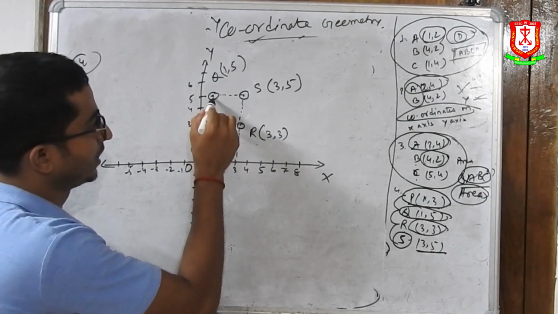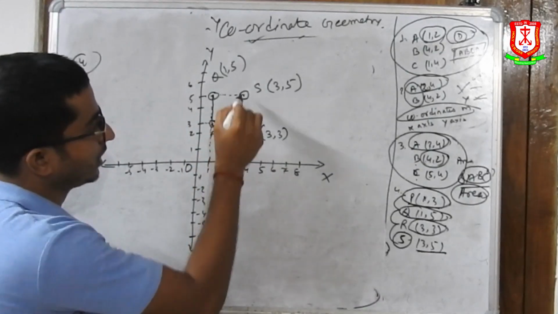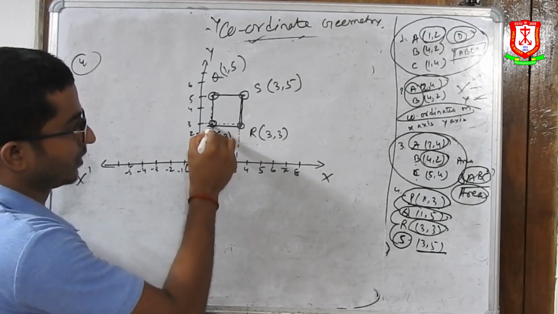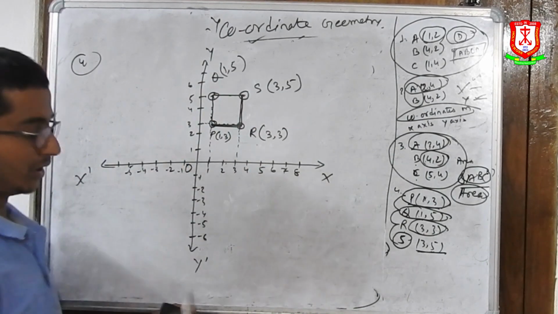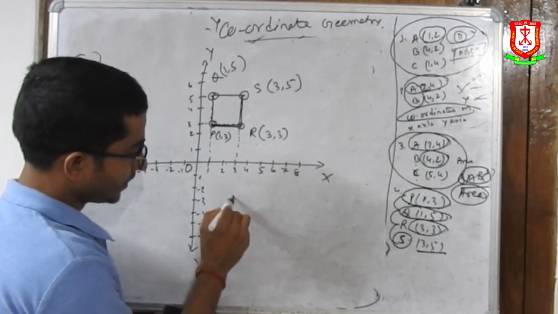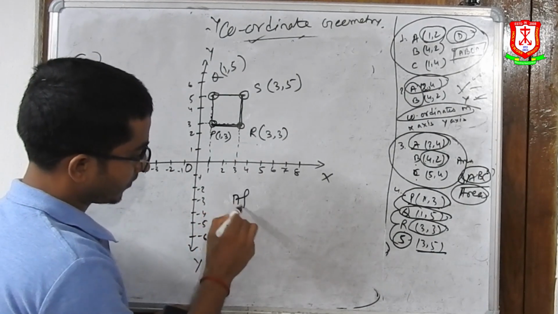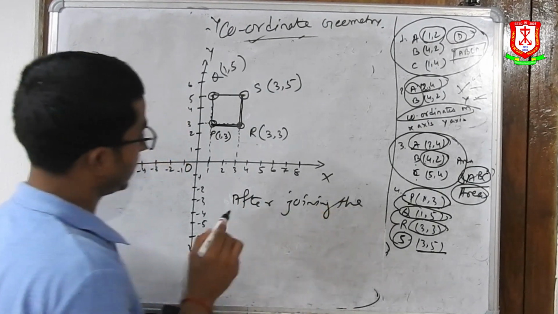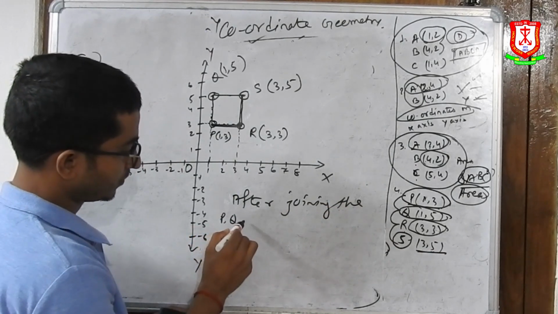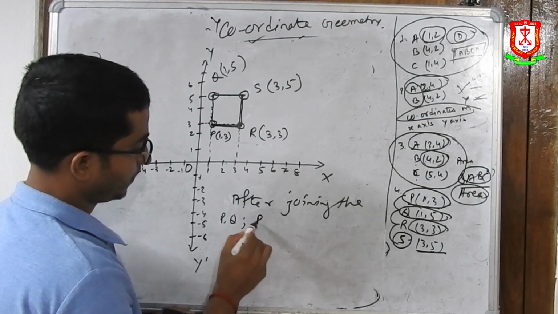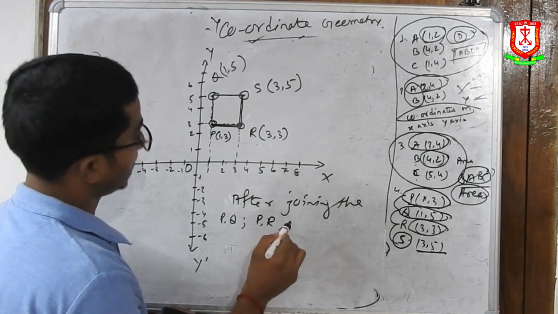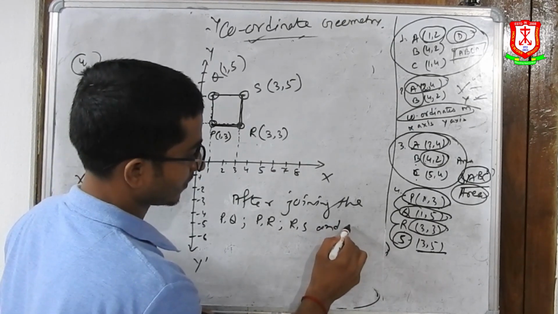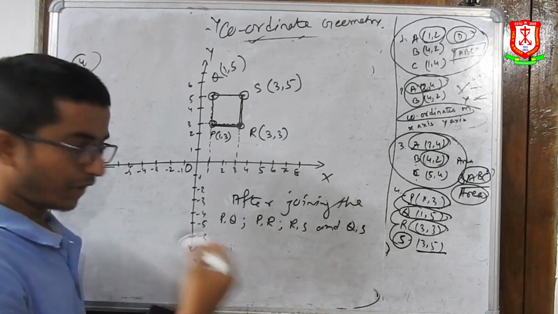Now we join the points PQ, PR, RS, QS. What is the figure after joining these points?